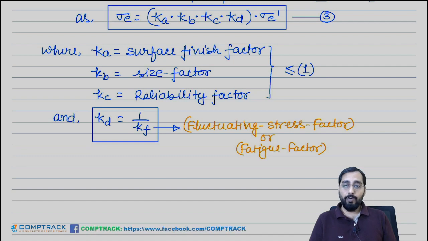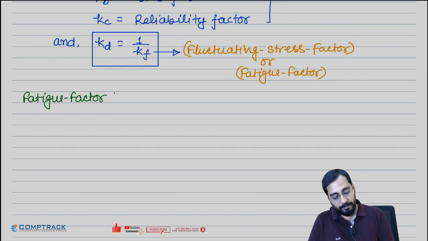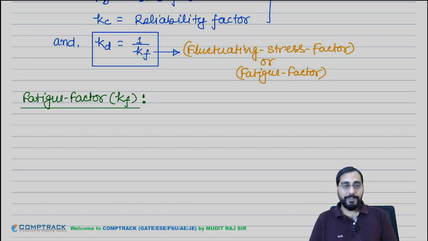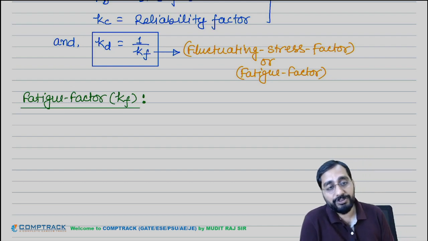Now, how to find the value of this fatigue factor? Write the heading: how to find the value of fatigue factor Kf. So Kf is the ratio of endurance strength without notch upon endurance strength with notch.